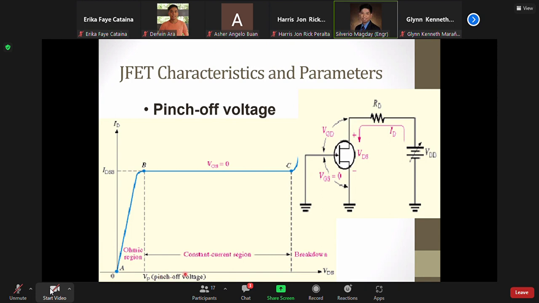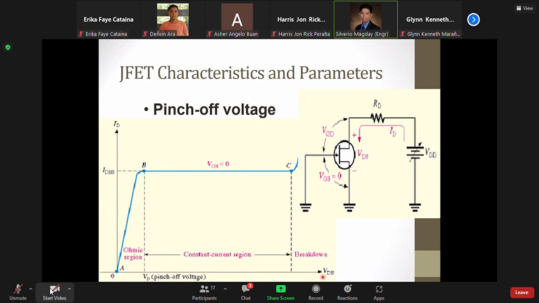So dito sa characteristic curve, you can see that as VDS increases in magnitude, your drain current ID also increases.